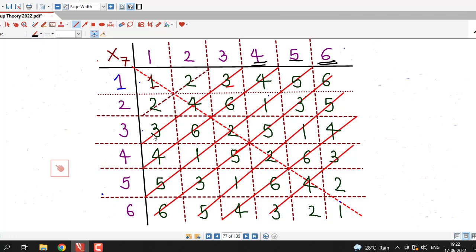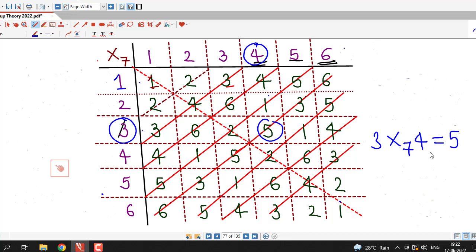And you can check, for example, suppose I consider 3 and say 4, then here I get 5, that is 3 multiplication modulo 7 4 equal to 5. So I must have 4 into 3 equal to 5, so that I can check here 4 into 3 and I obtain 5.